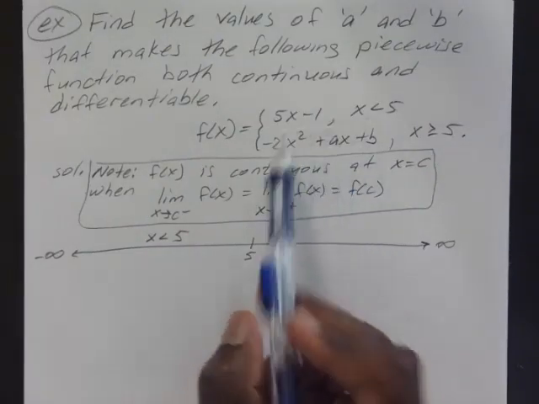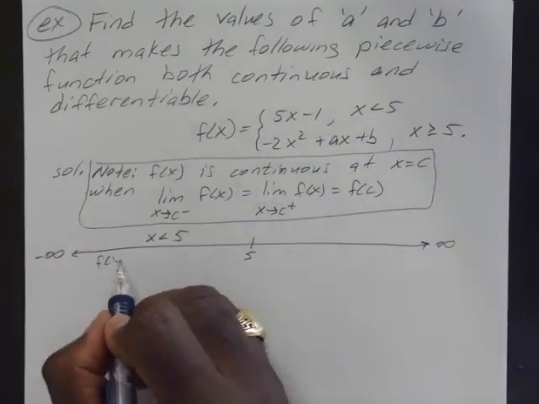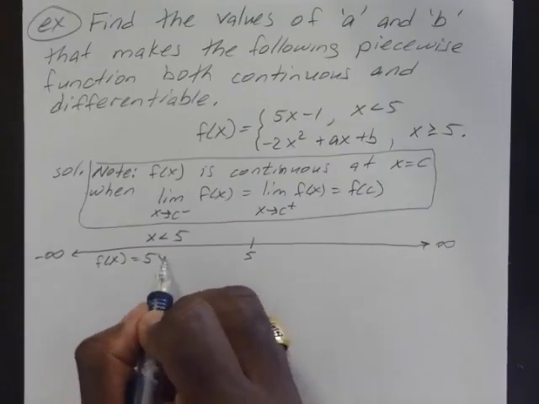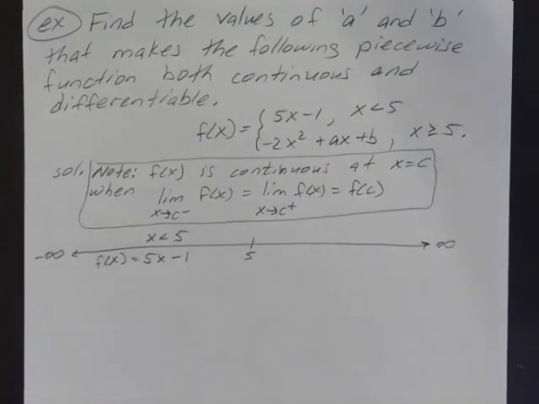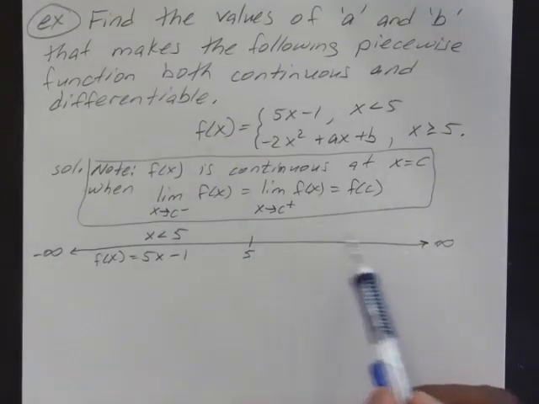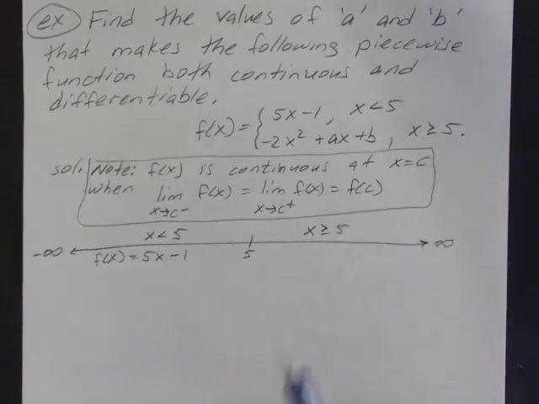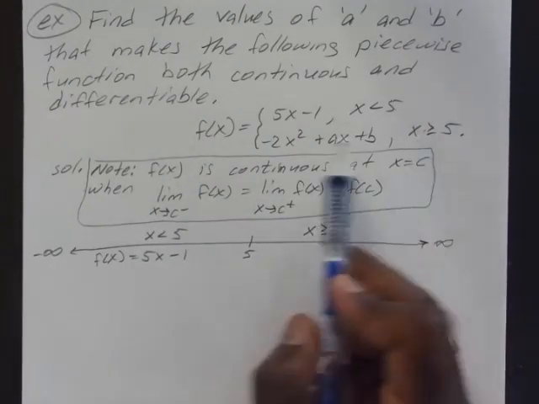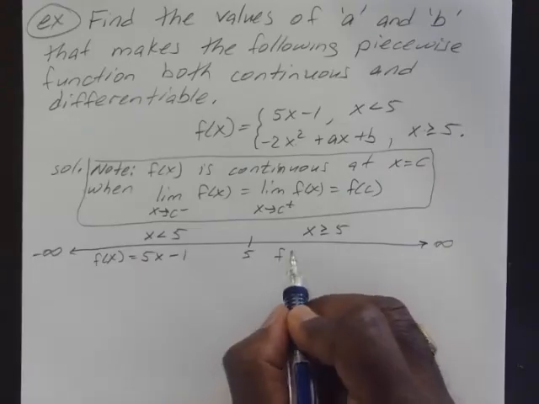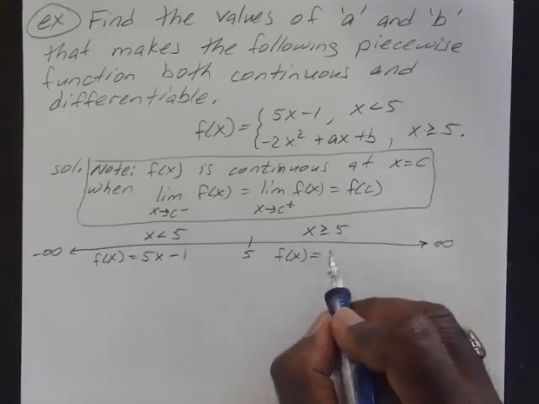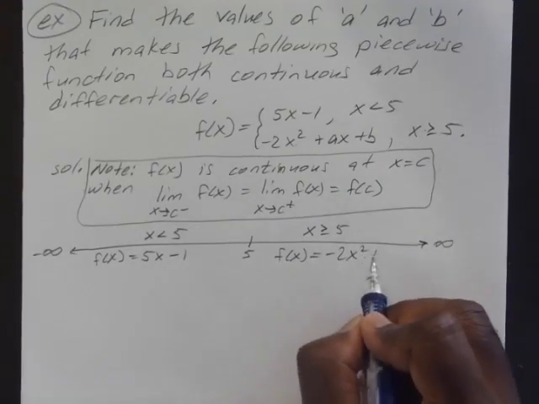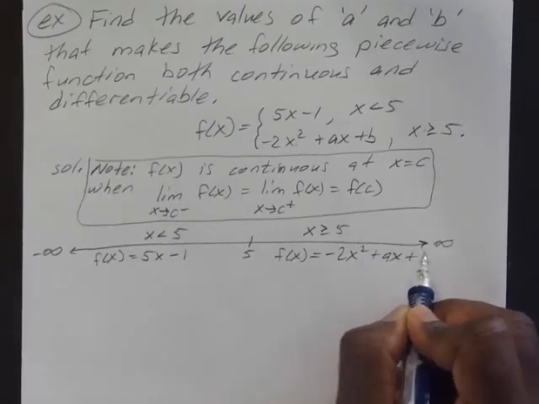And when x is less than 5, our f of x is equal to 5x minus 1. And we know this interval here, that's our x is greater than or equal to 5. And for x greater than or equal to 5, we know that our f of x is equal to negative 2x squared plus ax plus b.